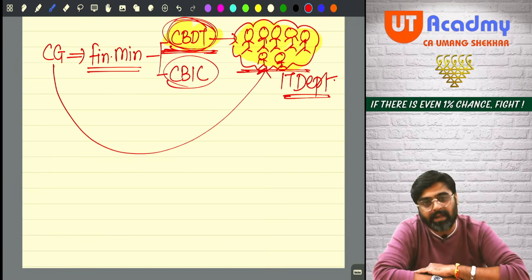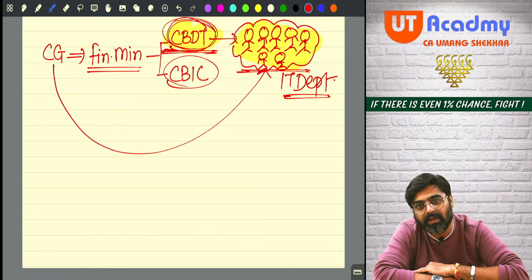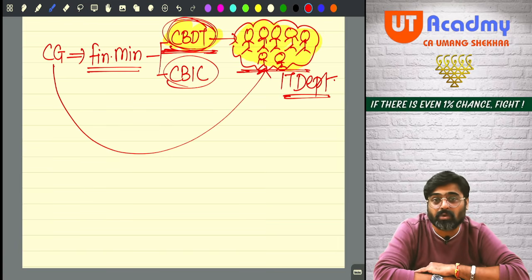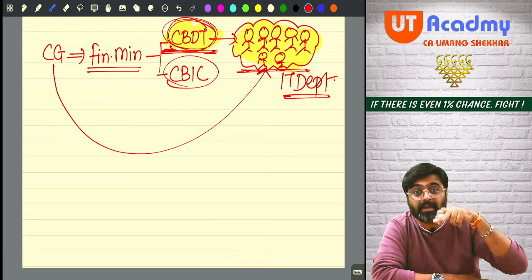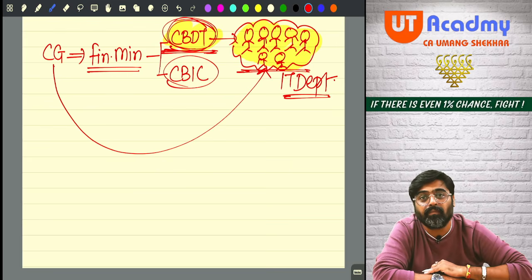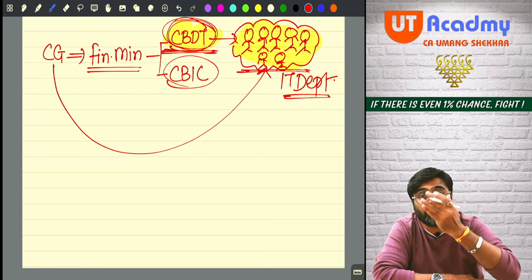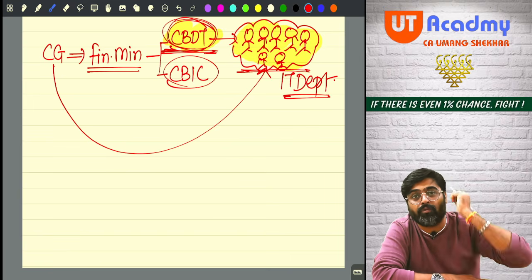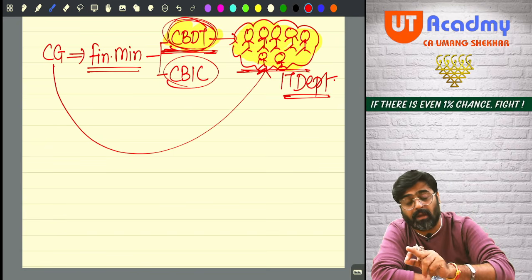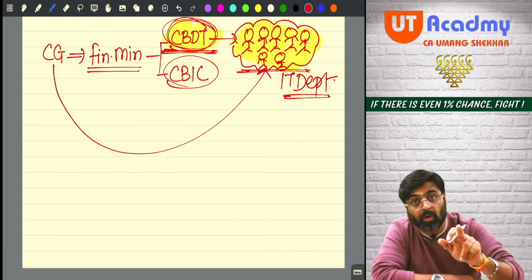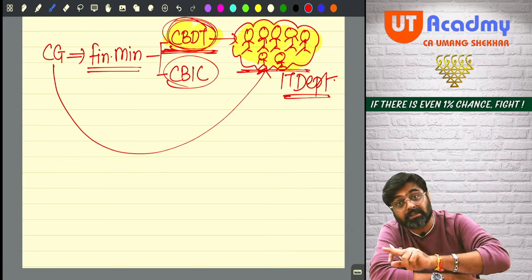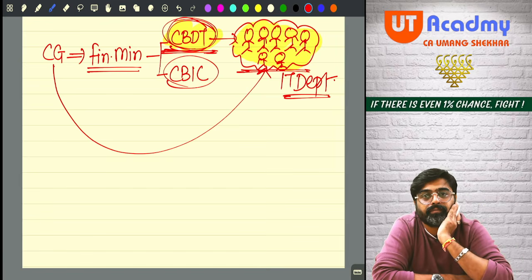So for the income tax department, who is the father? CBDT. And CBDT says that the income tax department has to follow, because it is for the working of the department that we are issuing this clarification. So this is applicable for all of you, binding for all of you. The department and all the officers of the department are bound to follow the instructions given in the circular.